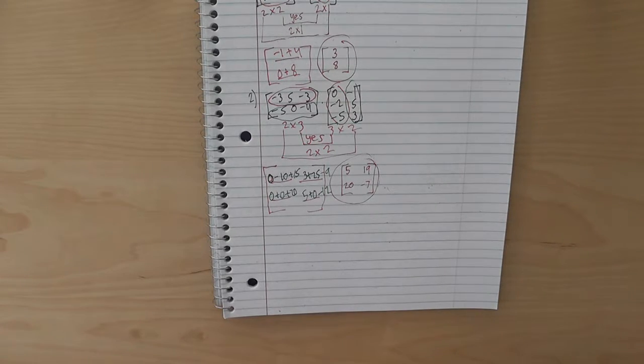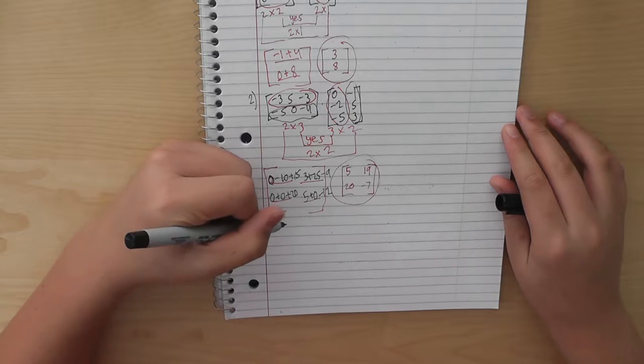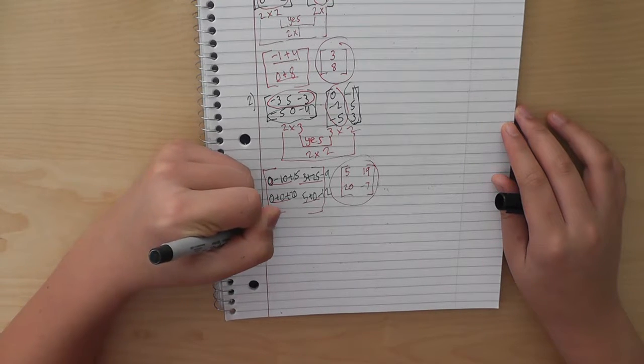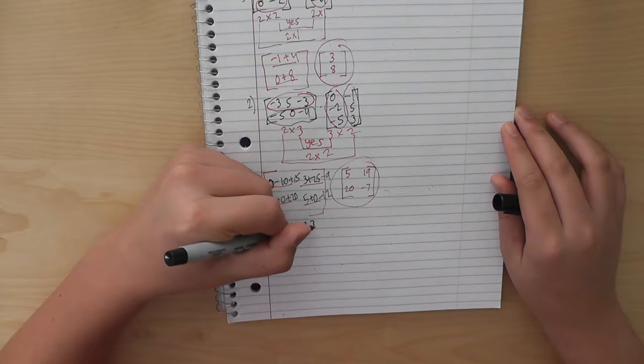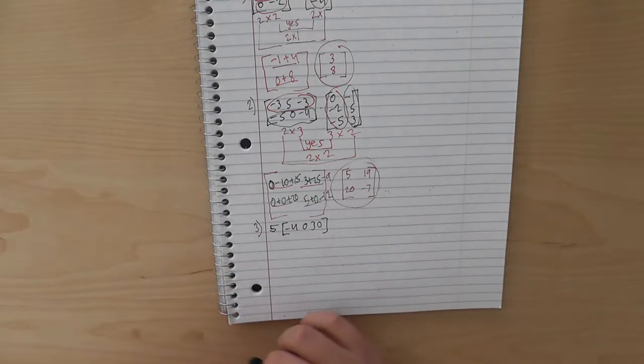For our next example, let's do a scalar. So when we get something like this, this is called the scalar.